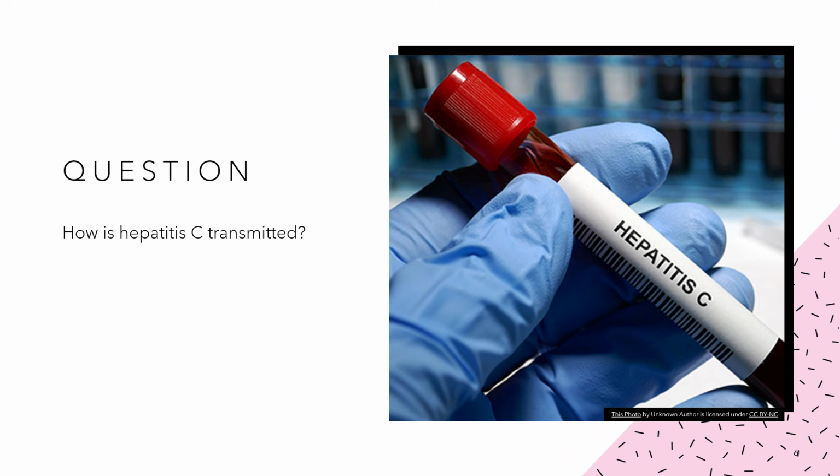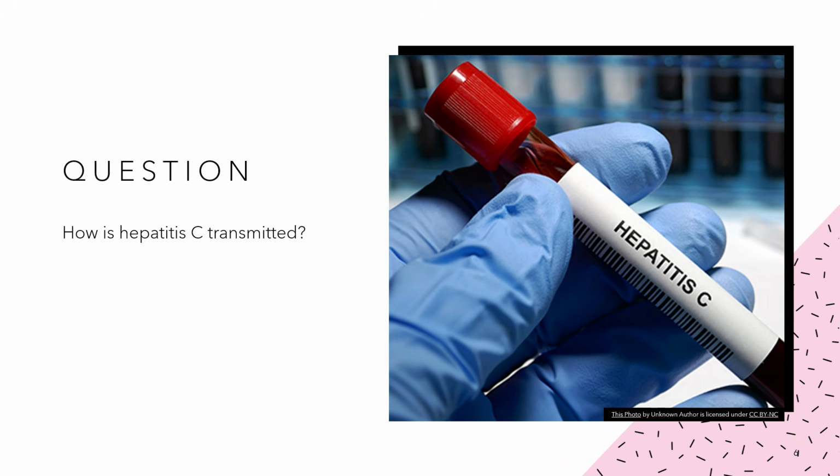All right, how is Hep C transmitted? So Hep C is transmitted through blood and blood products, needles and syringes, like IV drug users, and sexual activity with an infected partner, though there's a lower risk associated with that for Hep C. But the most common cause is sharing needles.